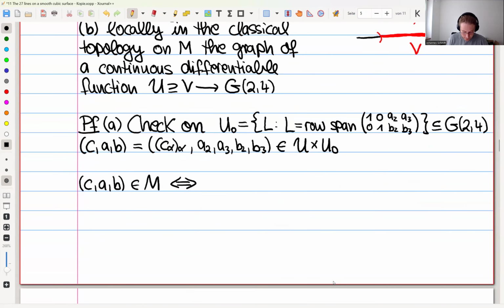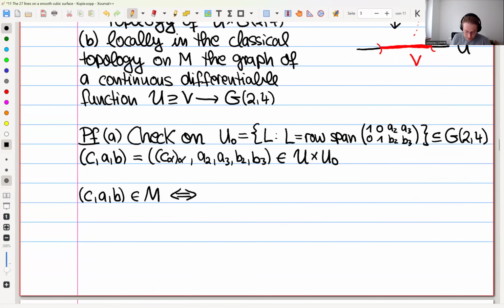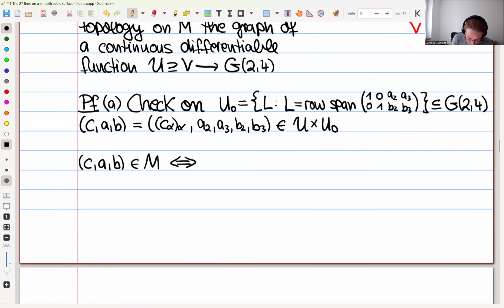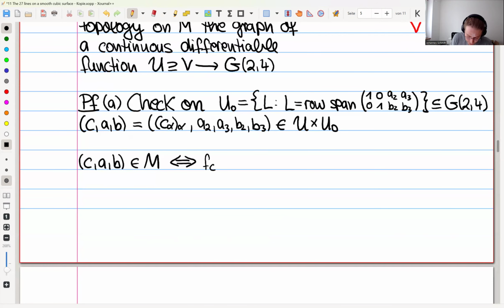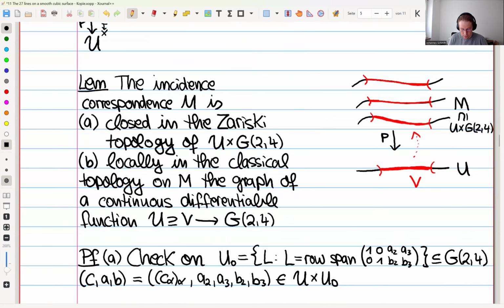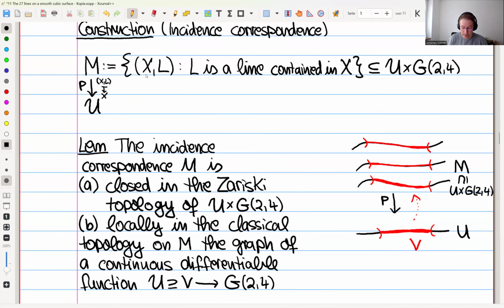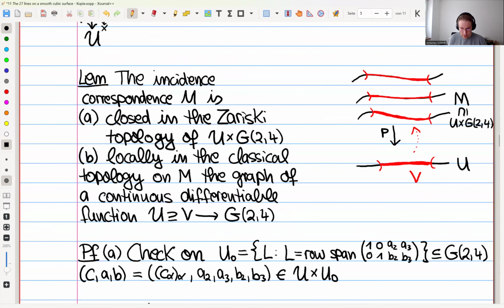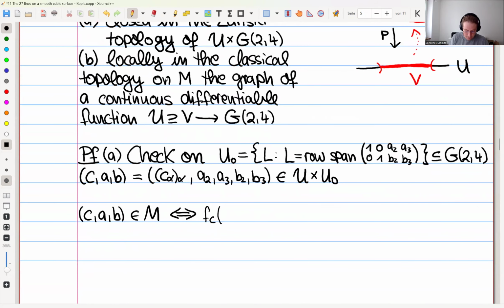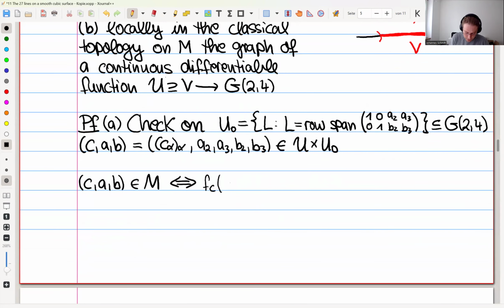Okay, and then we write down what it means that this point here lies in M. Well, it means that if we take the defining function, so Fc is the defining function of the surface X, then we want that the line L is contained in it. And the line L is parametrized, we have seen this a couple of times, just by s times this vector plus t times this vector.